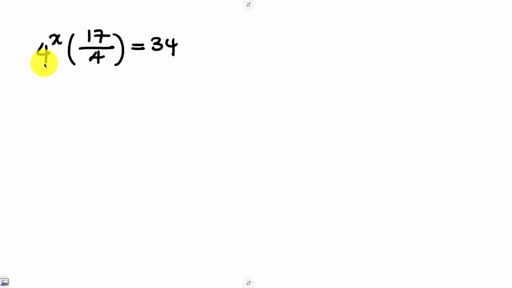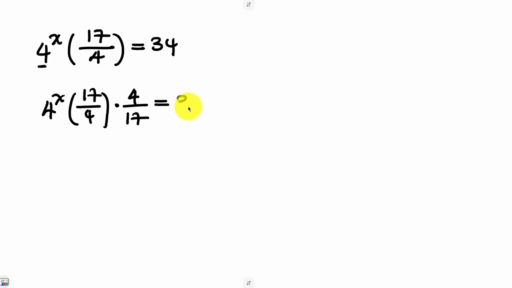Now to isolate this 4 to the power of x, I have to multiply both sides by the inverse of 17 all over 4. So this is 4 to the power of x times 17 all over 4. Now multiply by the inverse. The inverse of 17 over 4 is 4 all over 17. Good. This is equal to 34.